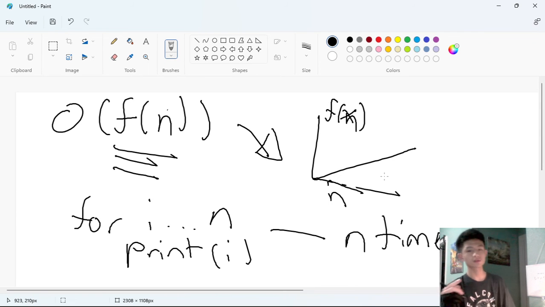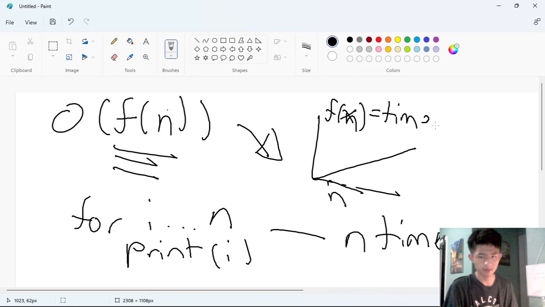As n grows, f of n, which is equal to the amount of time, increases with it. And you'll notice that I'm measuring time by the amount of iterations in the for loop. If the for loop has a lot of iterations, it's going to take more time.